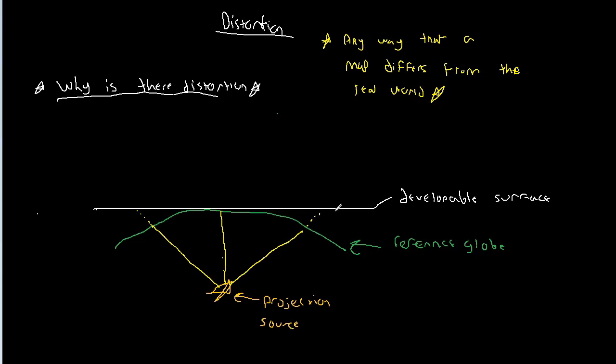The whole point of the map projection was that you had a point on the reference globe being projected onto the developable surface, and that a map simply was an accumulation of all of the points being projected from the projection source through the reference globe onto the developable surface.